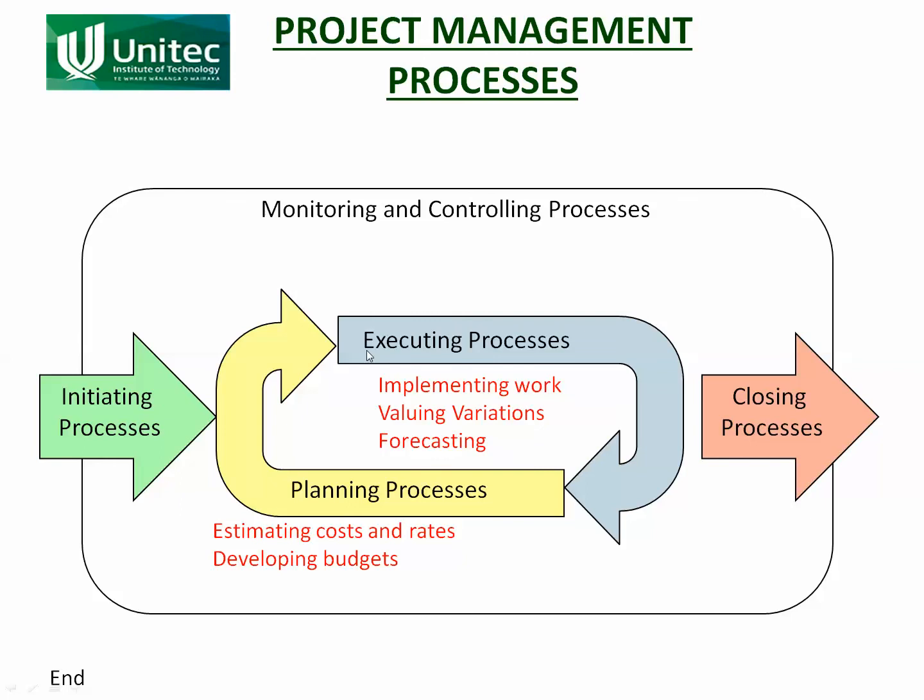Once the project is underway, you're getting that cost control system in place. You're implementing the work, you're doing the work that you said you'd do. You'll be looking at variations, so you'll be using your budget estimates and things like that. If there's any variations, you'll be figuring out how much they cost. You'll be figuring out how much it's going to cost you to do the work.